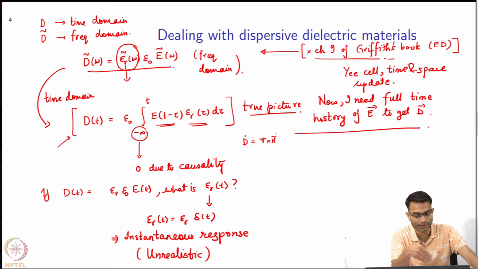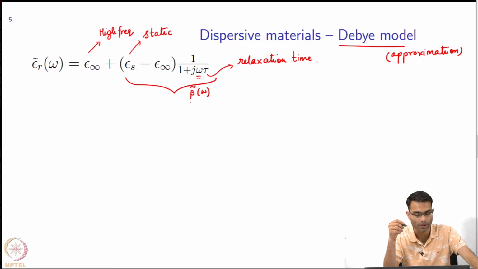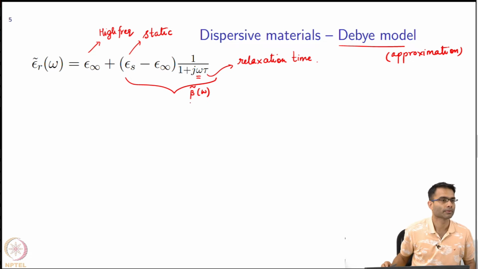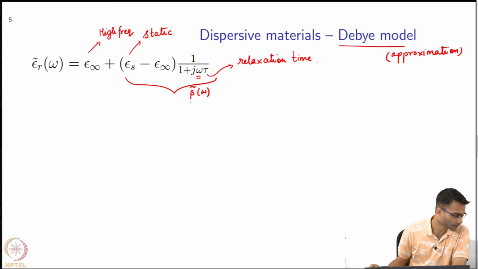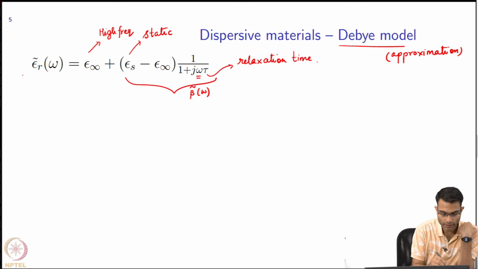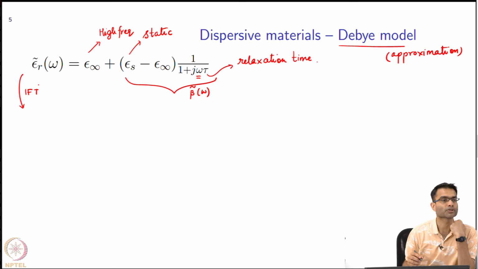To get D in the time domain, I need epsilon r in the time domain. But my starting point is the frequency domain, the simplest place to start. So I need to take the inverse Fourier transform of this expression to get epsilon r as a function of time, so that I can plug it back in.